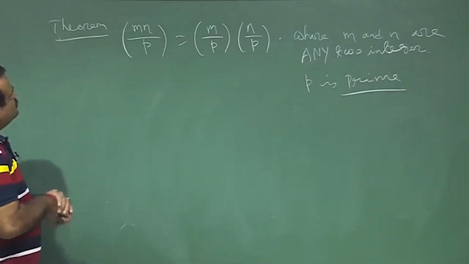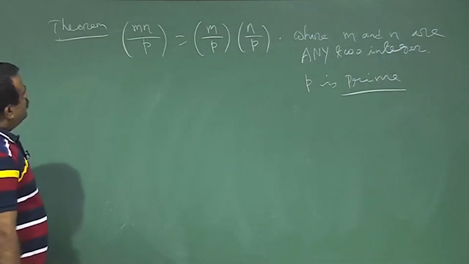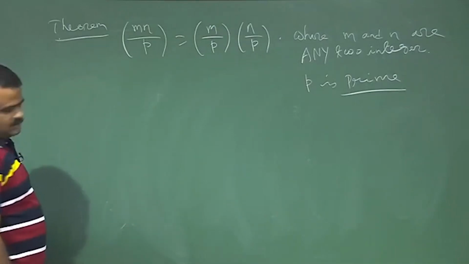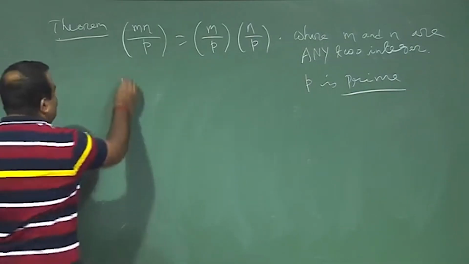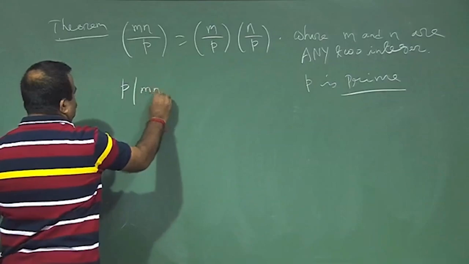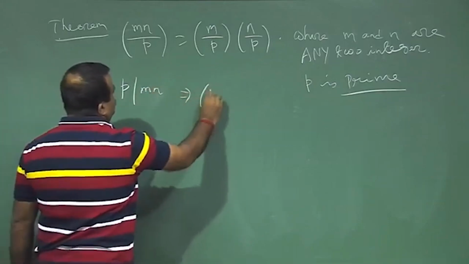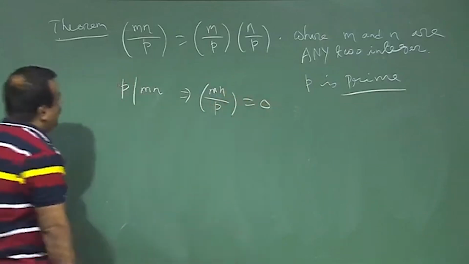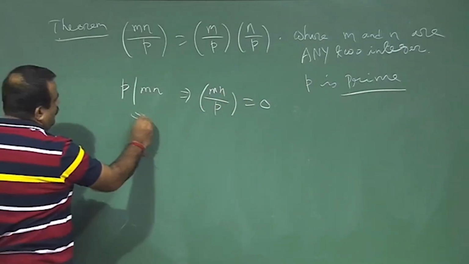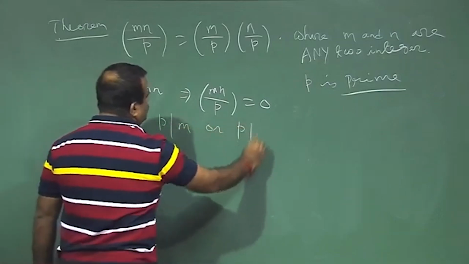To prove this, suppose P divides mn. If P divides mn, this means mn by P is 0, and P divides mn means either P divides m or P divides n.